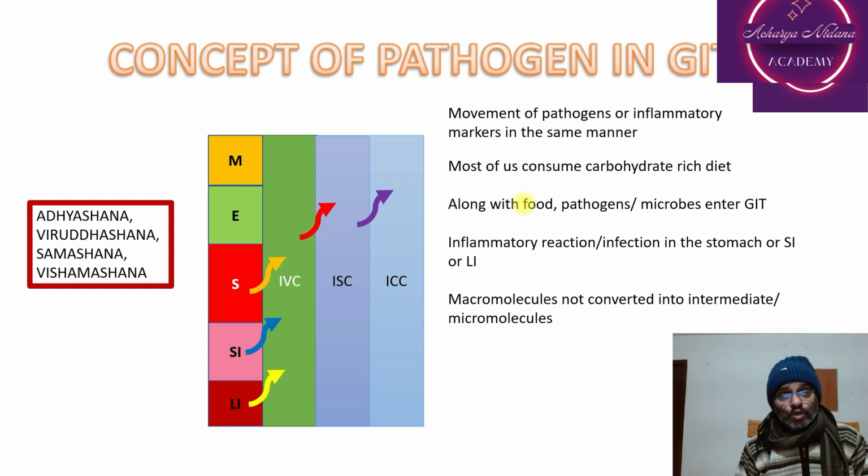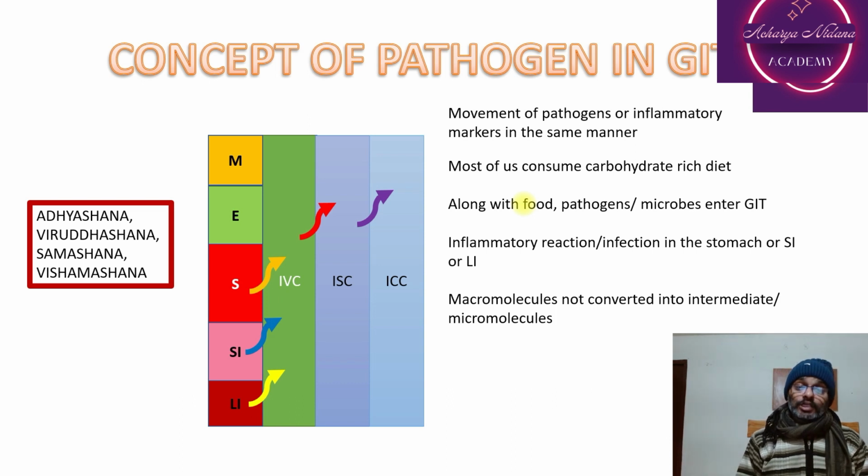They are containing a carbohydrate-rich diet. And because of this carbohydrate richness, these pathogens are considered to be entering via the mouth. They are responsible for the proliferation of infection to happen.